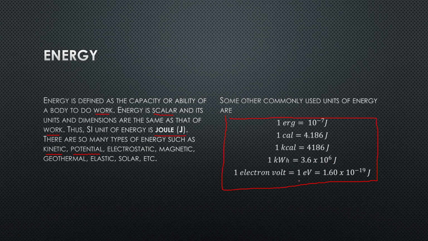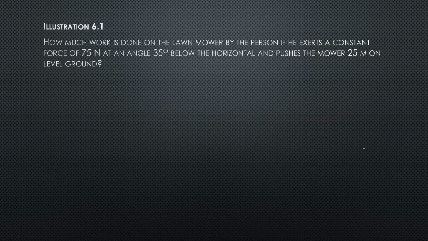And 1 electron volt, or 1 eV, is 1.6 times 10 to the negative 19 joule. These are commonly used units when it comes to energy.